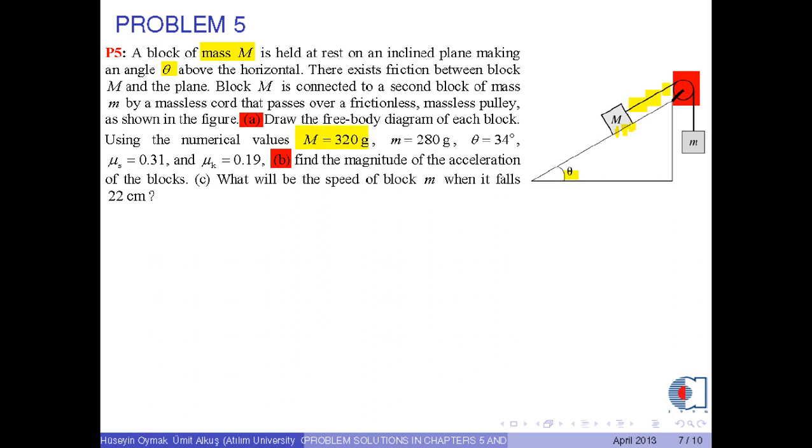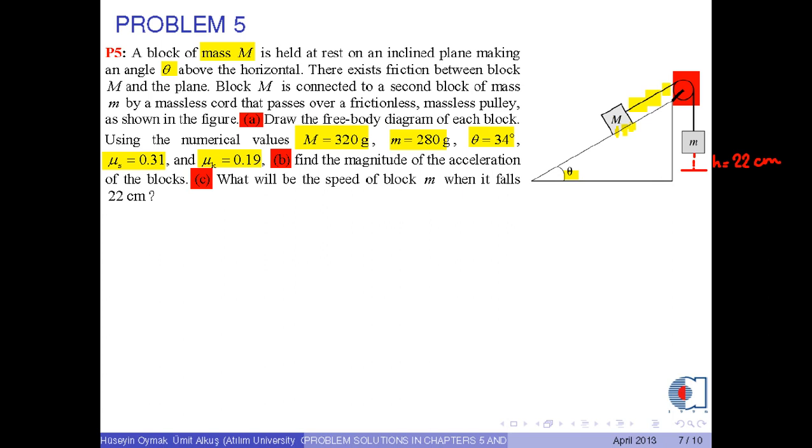Capital M equals 320 grams, small m equals 280 grams, angle theta equals 34 degrees, coefficient of static friction μs equals 0.31, and coefficient of kinetic friction μk equals 0.19. Finally, in part C, we will find the speed of block M when it falls 22 cm.